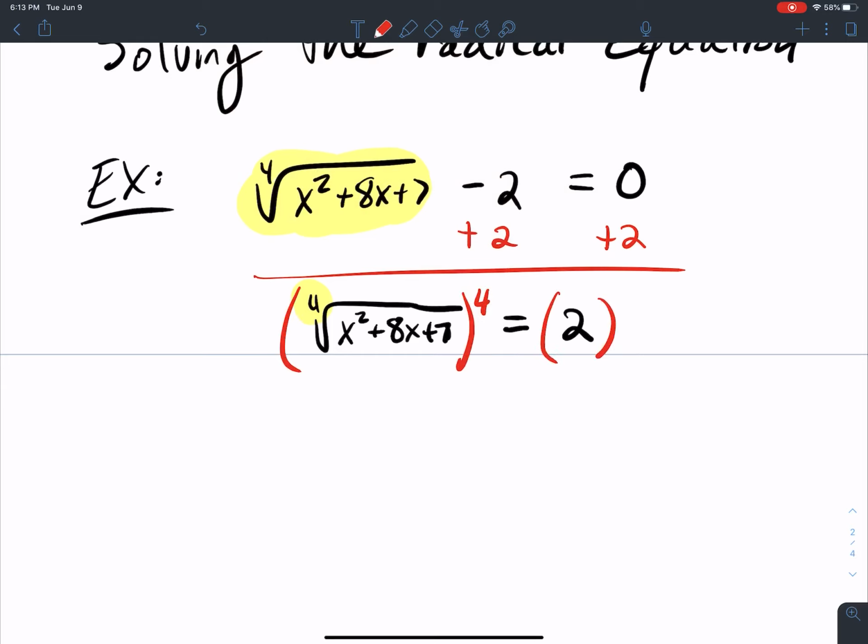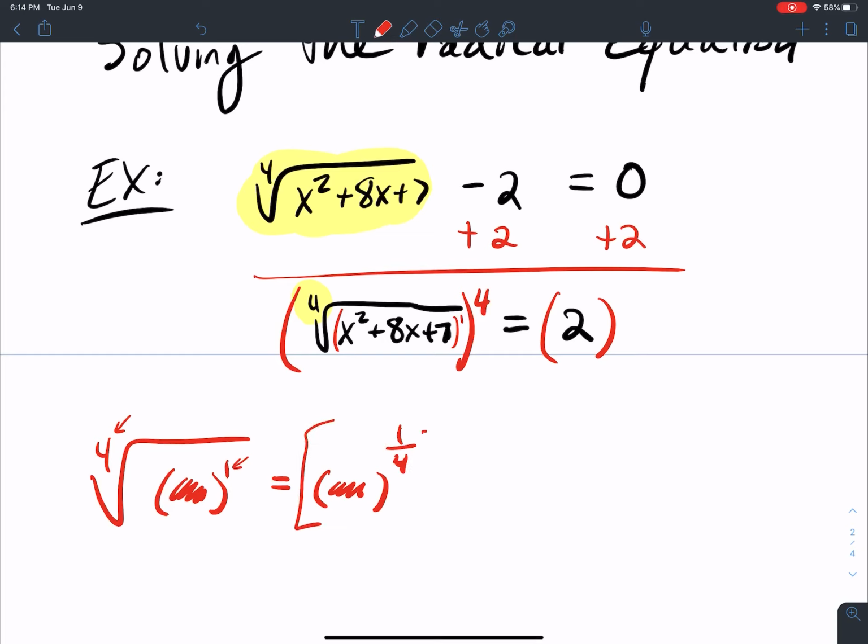If you remember, the fourth root of something means the rider goes in the house and the horsey goes outside, so that something gets raised to the 1/4. So in order to get rid of the 1/4, I need to raise that whole thing to the fourth power, and then a power to the power means I multiply those numbers together, and 1/4 of 4 is 1.